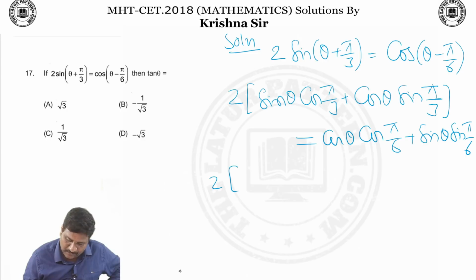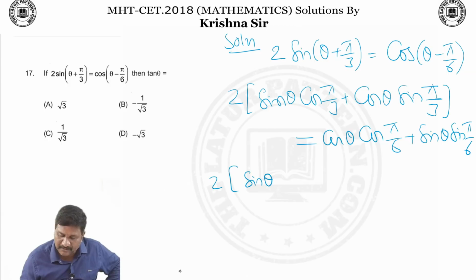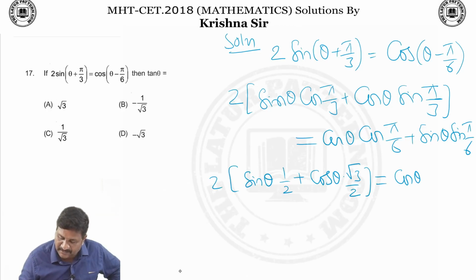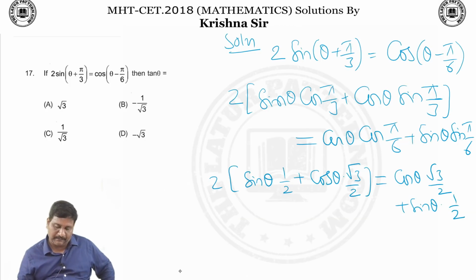So 2 into sin theta cos pi by 3, cos 60, that is 1 by 2, plus cos theta sin pi by 3, sin 60, that is root 3 by 2, which is equal to cos theta cos pi by 6, 30, that is root 3 by 2, plus sin theta sin 30, which is 1 by 2.